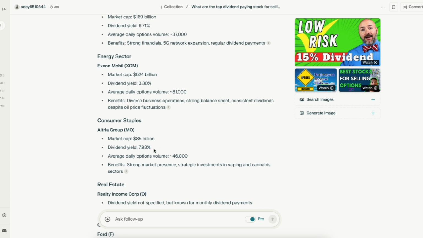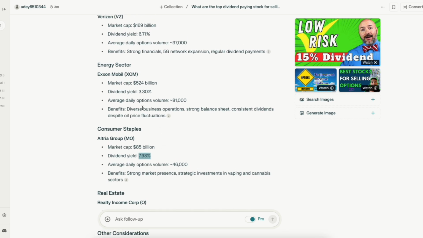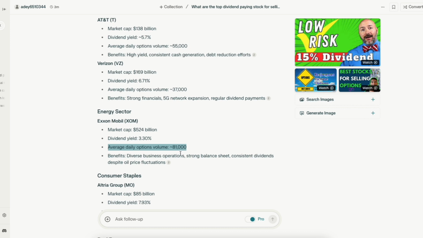As long as you hold this stock, you're going to get a good amount, almost 8% annually, for the dividend yield, right? So that's a good indicator, and it also provides you the daily options volume. This is a good way to look at how liquid that particular stock is.